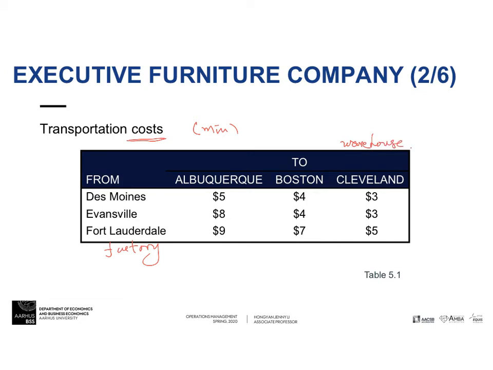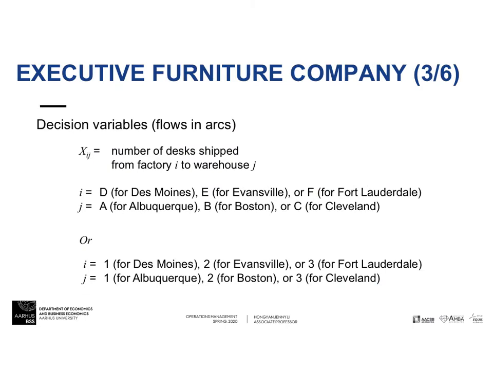For example, from Evansville to Boston, the unit transportation cost is $4, and all the others are also given. Now we have identified the parameters for this problem: supply, demand, and costs. So now the question is to decide how many units to move from each factory to each warehouse.